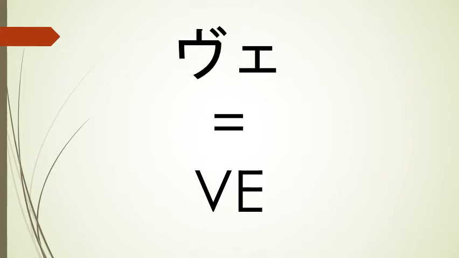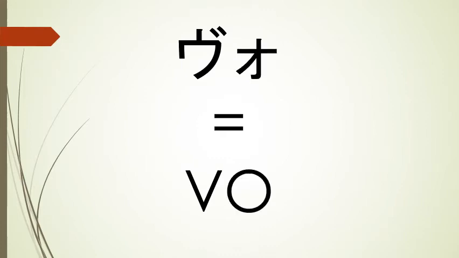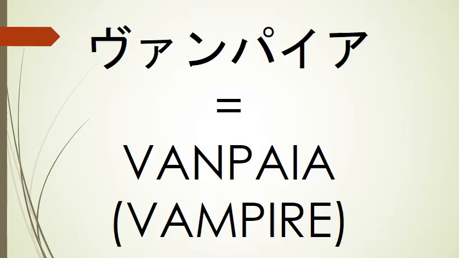With the small e, it's pronounced ve. And with the small o, it's pronounced vo. So, if we take our u with nigori at the top, a small a, n, pa, I, and a, we get vampire, which means vampire.